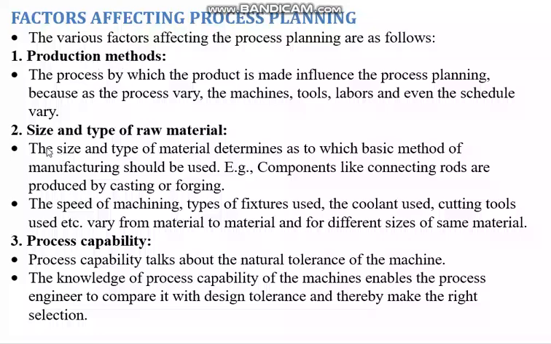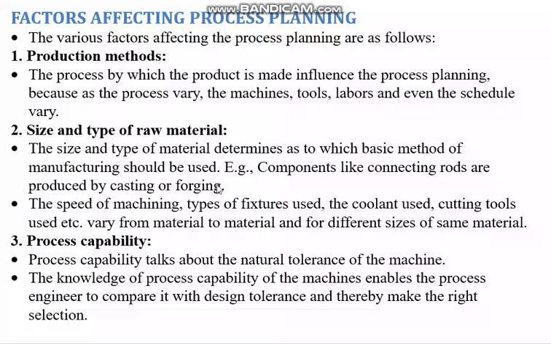The second factor that affects is the size and type of raw material. As we have seen before, size matters, because material handling and other things you will have to do. You have to see the types of fixtures used, the coolant used, the cutting tools used.